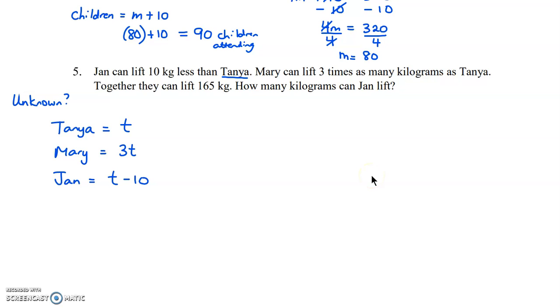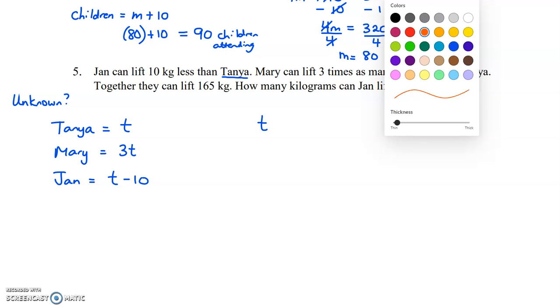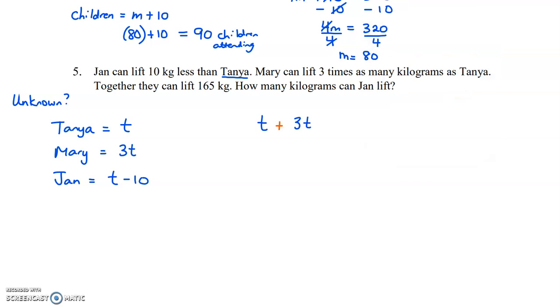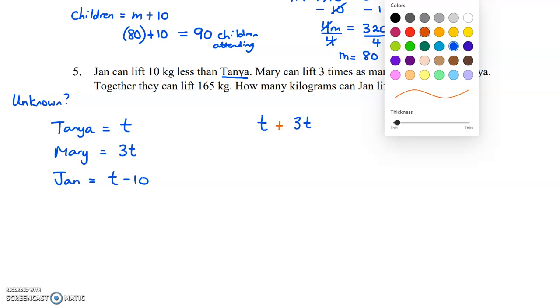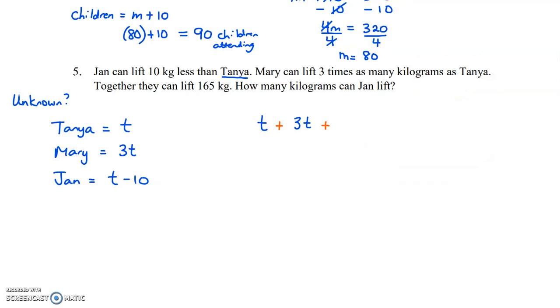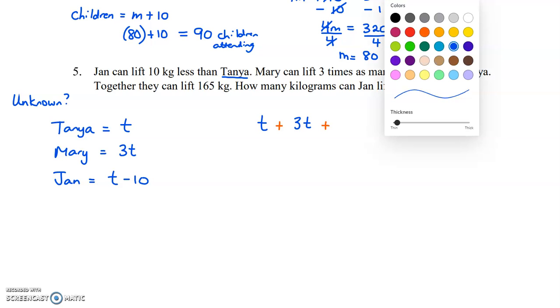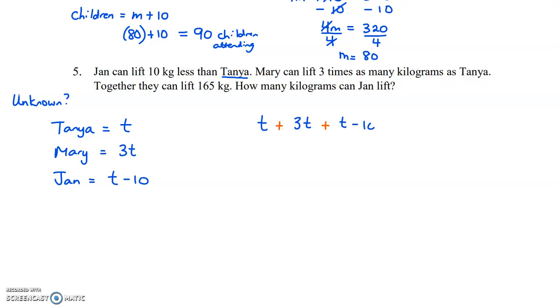We're going to set this up now. Together they can lift 165 kilograms. So Tanya plus Mary plus Jan equals 165.